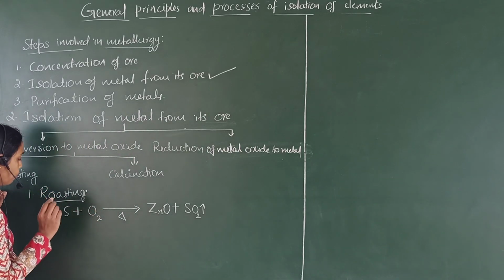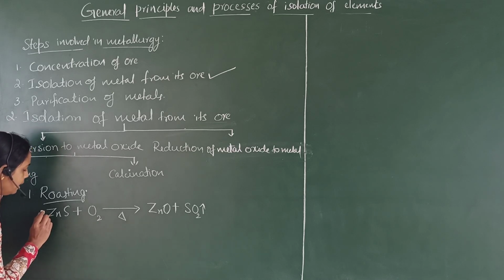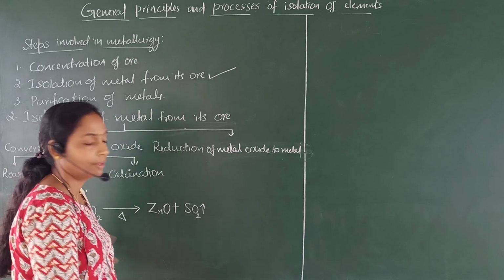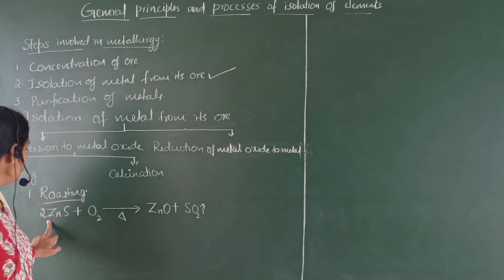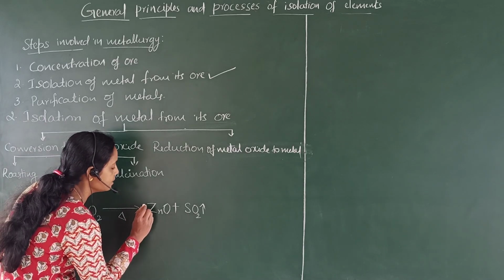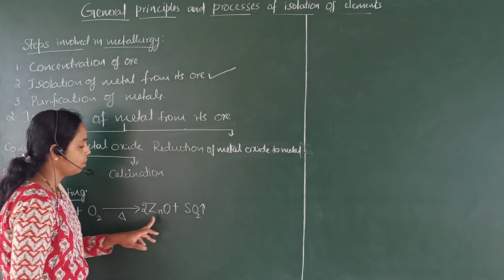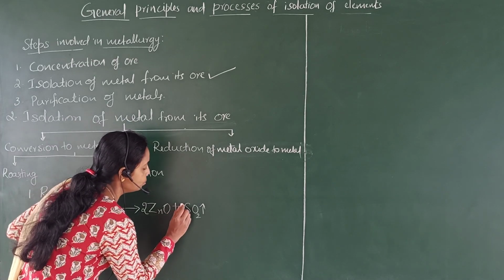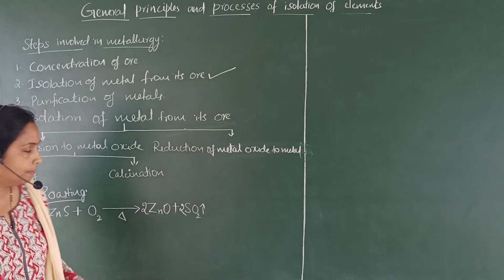Now, only the trial and error method is there. I will try by writing 2 to zinc sulfide. If I write 2 to zinc sulfide, the number of zinc atoms becomes 2. To balance that, I have to write 2 to zinc oxide. To balance the number of sulfur atoms, I have to write 2 to sulfur dioxide gas also.